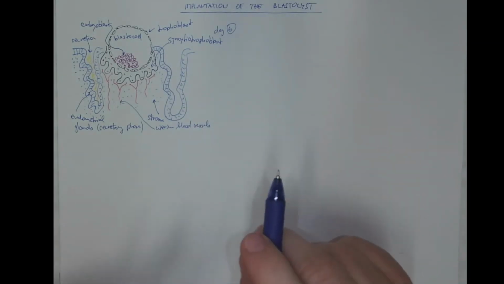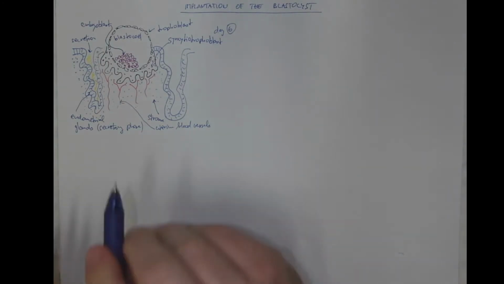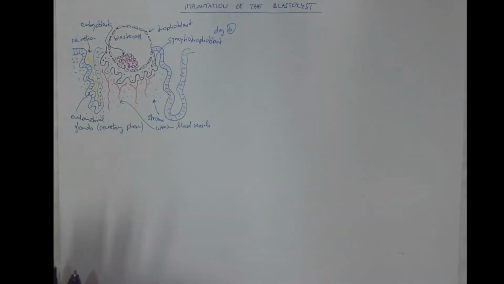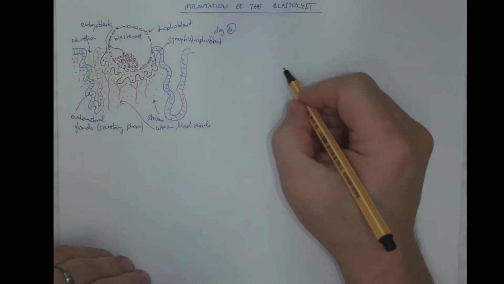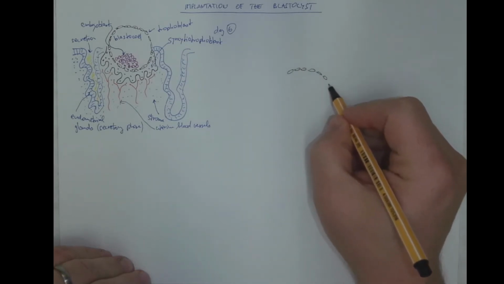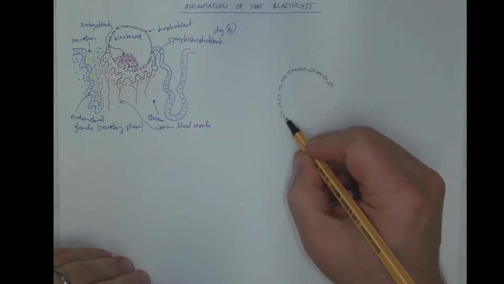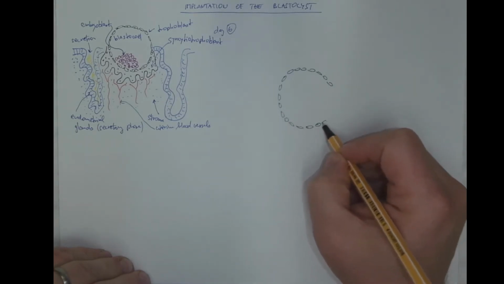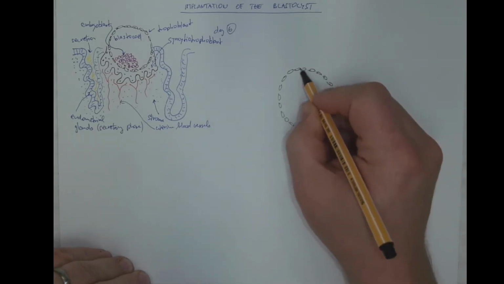A few days later, the implantation proceeds, and something happens here within the embryoblast. So we still have the cytotrophoblast on the surface. It has a shape of simple cuboidal epithelium.